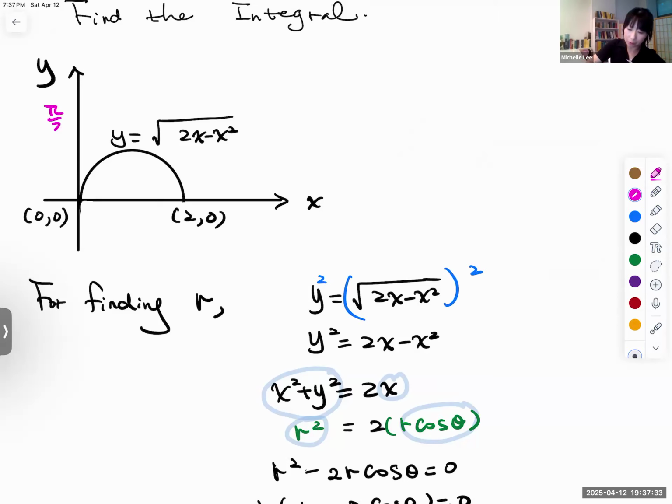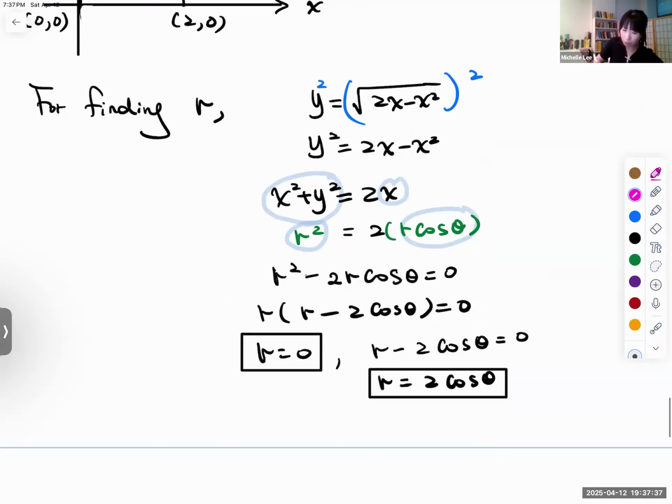So theta will be between 0 and pi over 2.